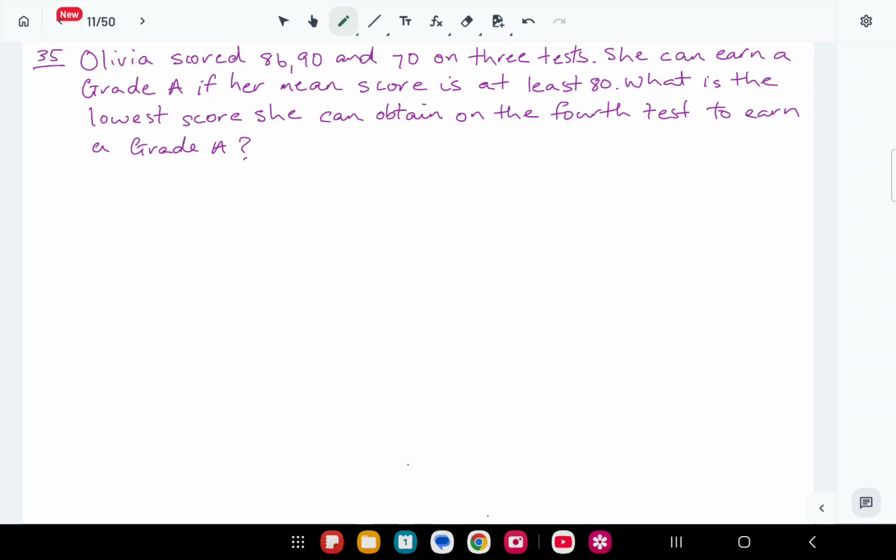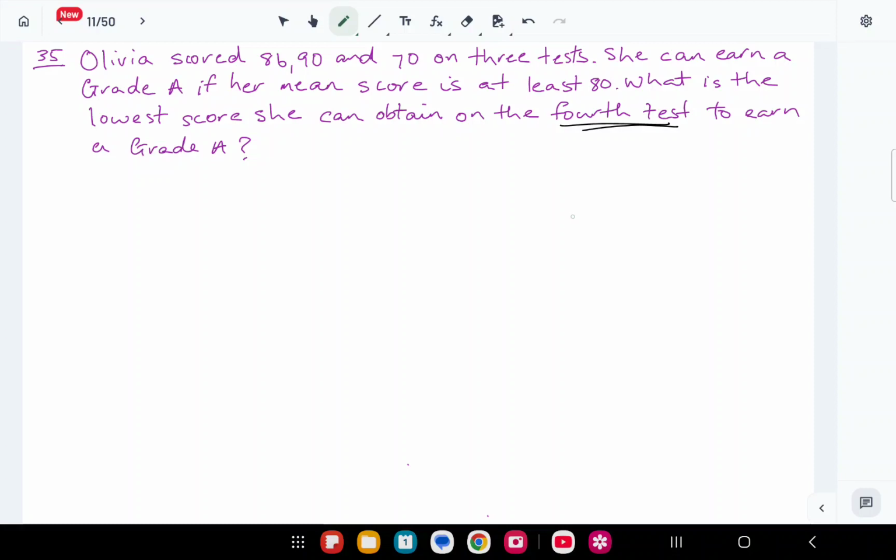So we know now that the average score to get a grade A is 80. That is after doing 4 exams, 4 tests. So we want to calculate now what would be the sum, again, if you need to find the unknown, which is what we have to do here, to obtain the marks for the 4th test.